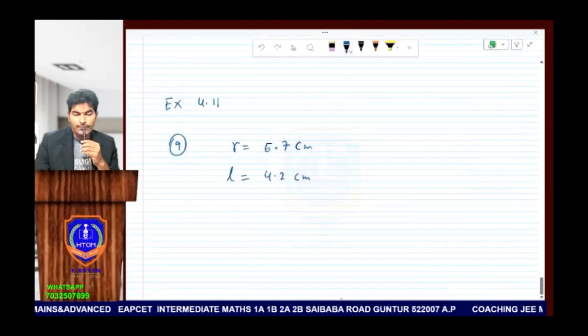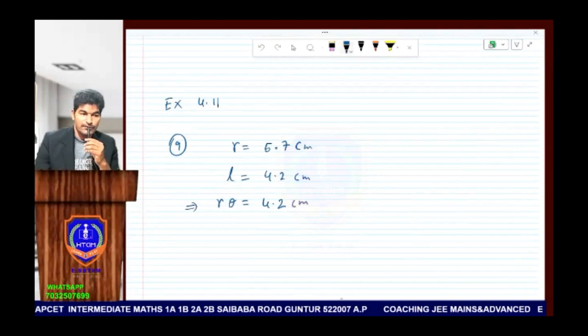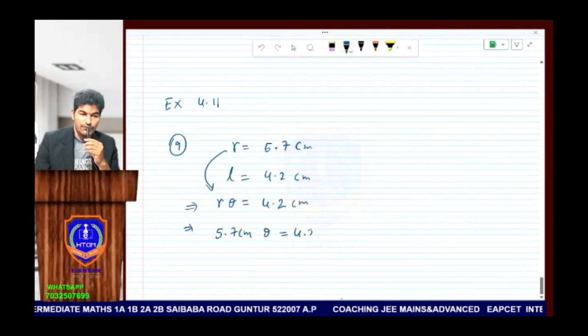And we have the formula, no? What is that formula? L equals r theta. L equals 4.2 centimeters. And substitute the value of r here. Then it will be 5.7 centimeters, and L is 4.2 centimeters.